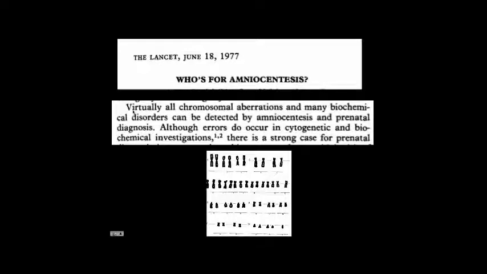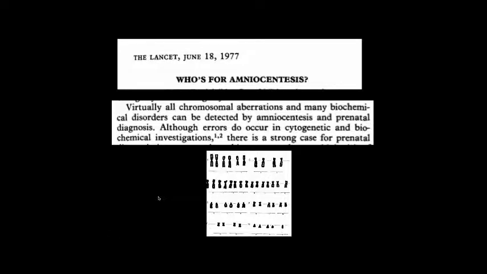Interestingly, one of the sentences from that article says that virtually all chromosomal aberrations can be detected by amniocentesis. Just call to your attention below what the state of karyotyping was at the time so that you can understand that we had just begun using banded karyotypes, and certainly we were just beginning to understand the chromosomal aberrations that could be identified.